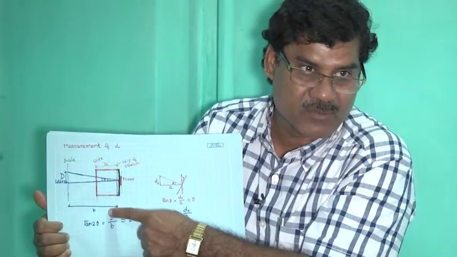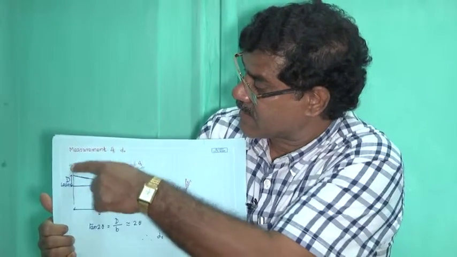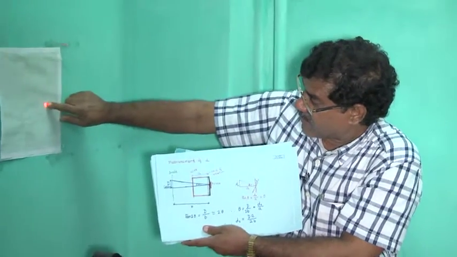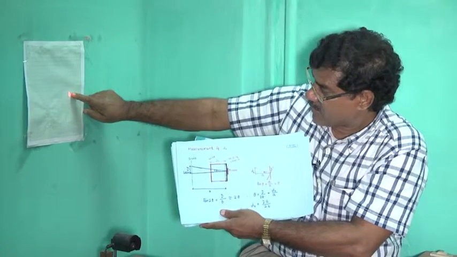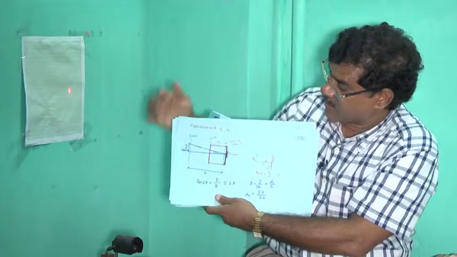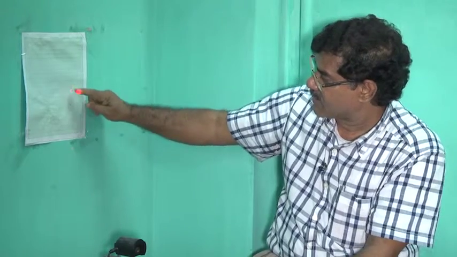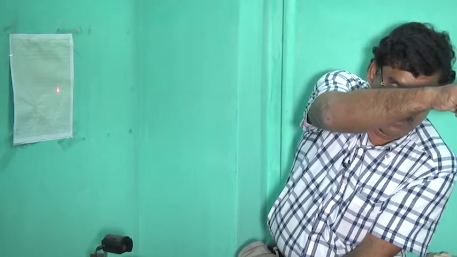So the distance, if we define it by b, and this deflection here, this is the displacement of this reflected light spot, if it is capital D, this is b. So basically what happens? This is the original position. Now it is rotated by angle 2 theta.